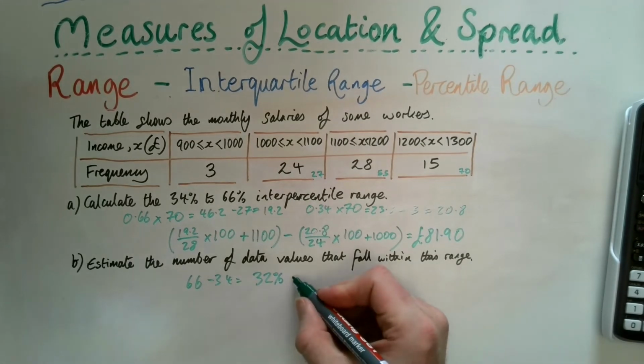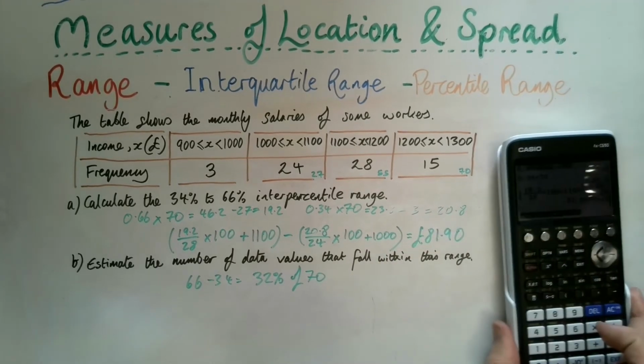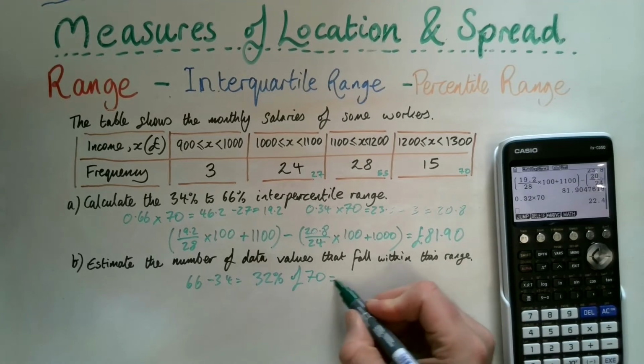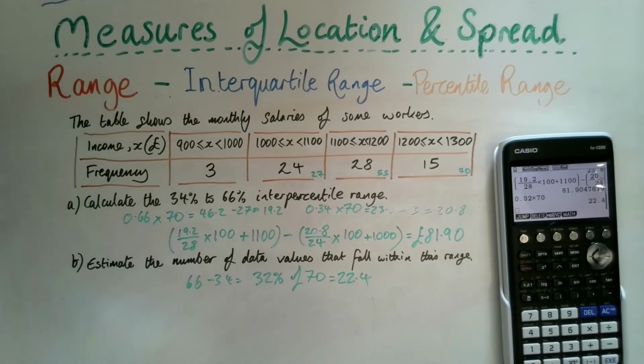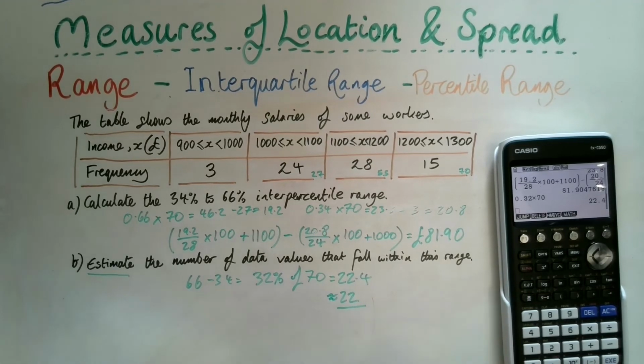So what is 32% of, well, how many have we got? 70. Whack that in. 0.32 times 70 is 22.4. And this is where the estimate comes in, estimating the number of data values coming in. It's not going to be exactly 22.4. We can only have a number of data values, so our estimate will be 22 because it rounds to your nearest number.